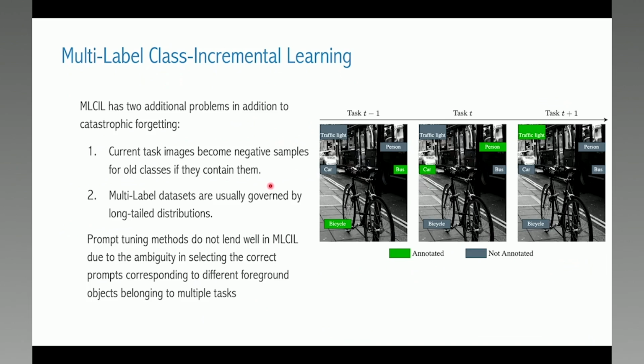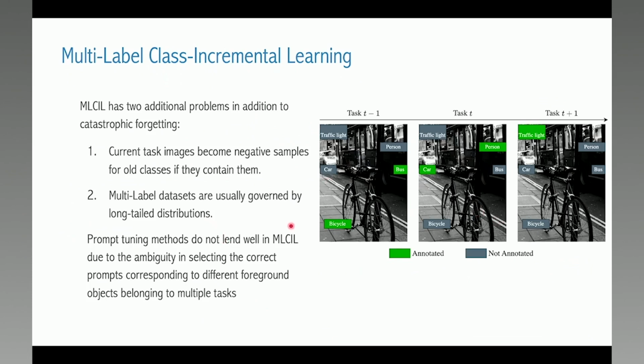One additional issue is the fact that the state of the art when we started to work on this project for class incremental learning were prompt tuning methods. However, applying a prompt tuning method to multi-label class incremental learning is non-trivial. Because if you have multiple classes, selecting the correct prompts corresponding to different foreground objects could be not very trivial.